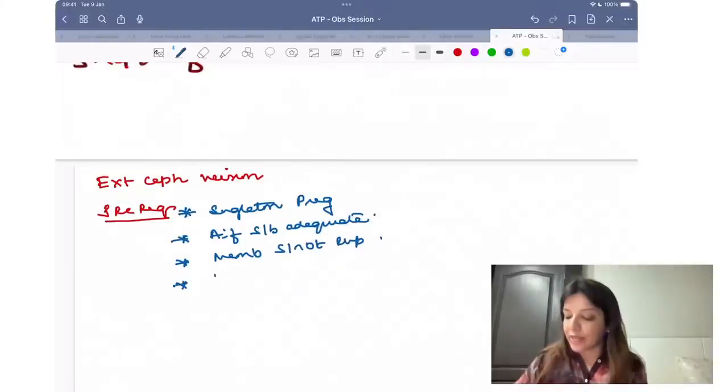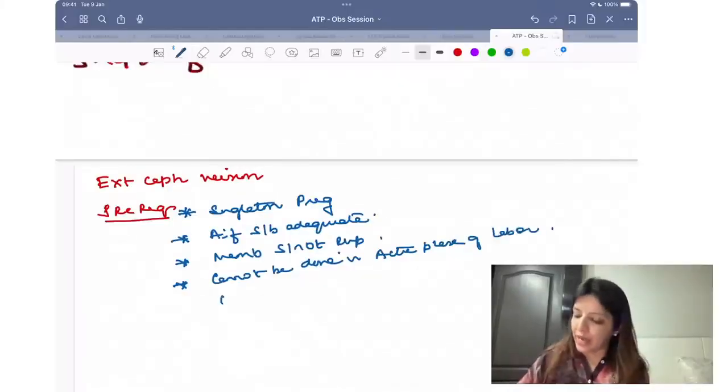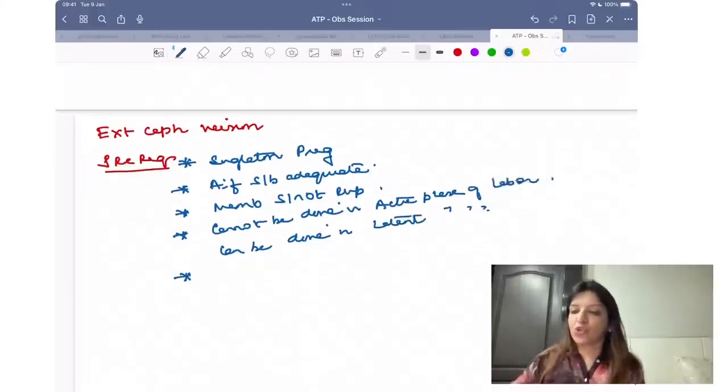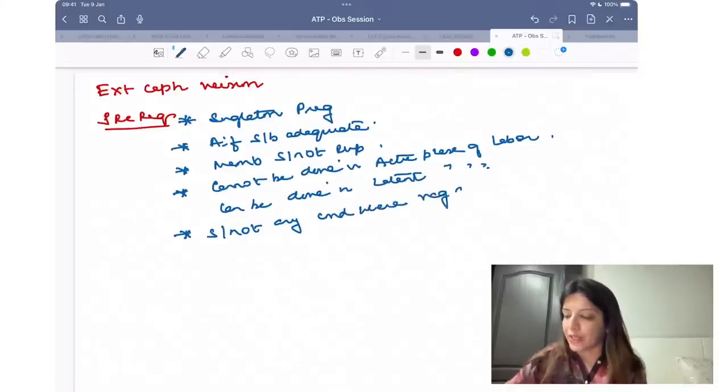Number 4, it cannot be done in active phase of labor. But please remember, it can be done in latent phase of labor. Next important point is, it should not be done in any condition where vaginal delivery is contraindicated.